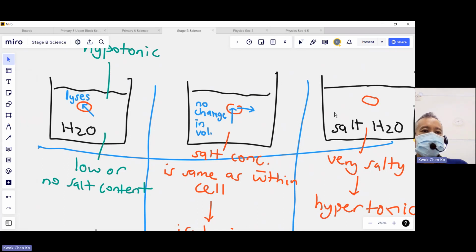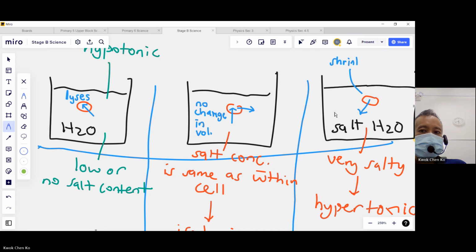Okay, last case, you probably can deduce what will happen. Water is going to come out. Yes, good. Your cell will shrink. But, as usual, they have a scientific or medical term for that.